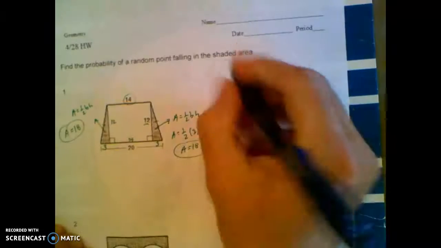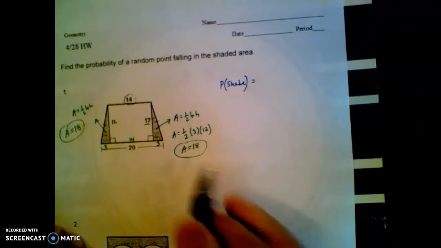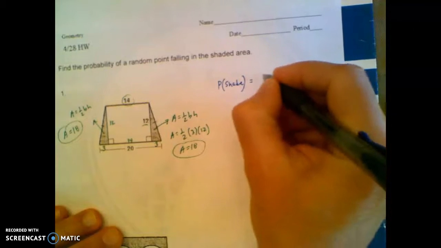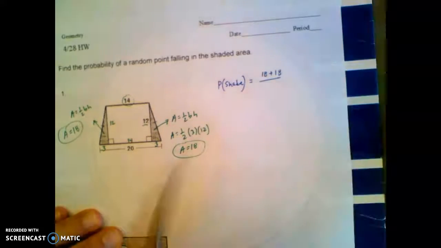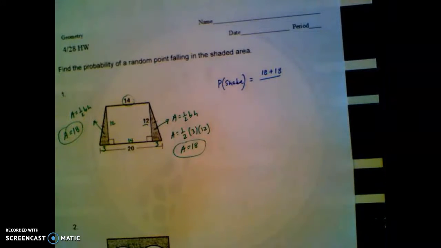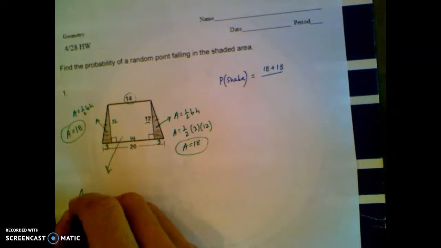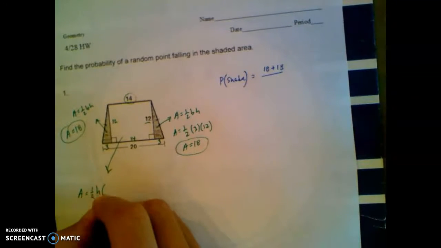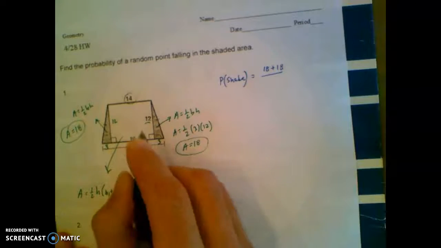So the probability of shaded is going to be the area of the numerator. Success would be those two 18s, so I'd add those up. The denominator is going to be the whole trapezoid. The area of the trapezoid is equal to 1/2 the height times base 1 plus base 2. So the height of that trapezoid is going to be 12.